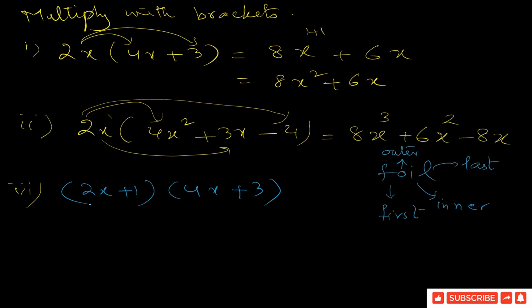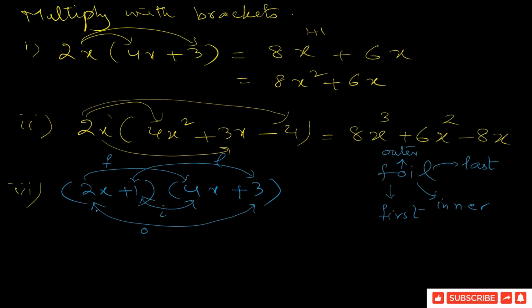The first term of the first binomial will multiply with the first term of the second binomial. Now we go for the outer one: this outer will be multiplied with the outer of the other binomial. Now inside: the inner ones are 1 multiplied by 4x, and the last one will multiply with the last one of both binomials.